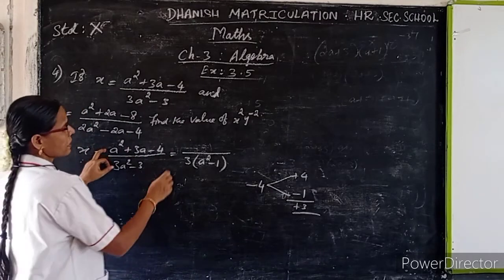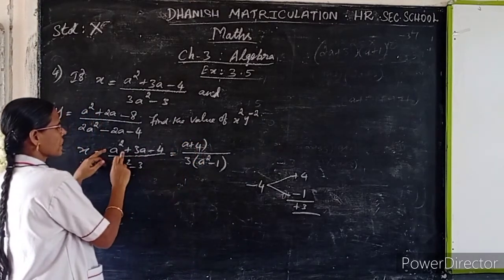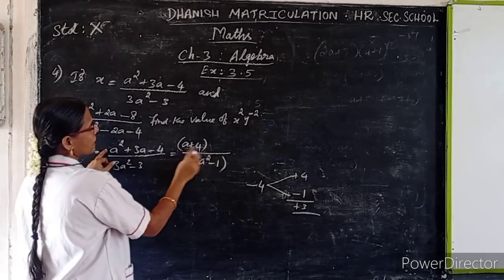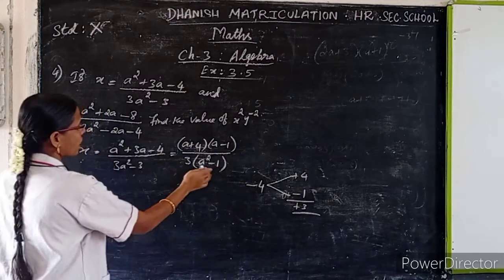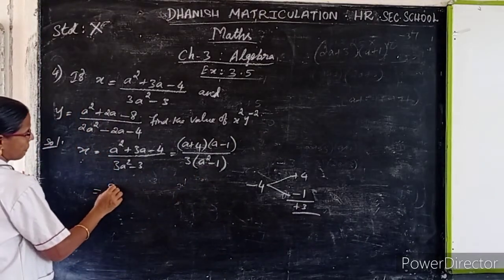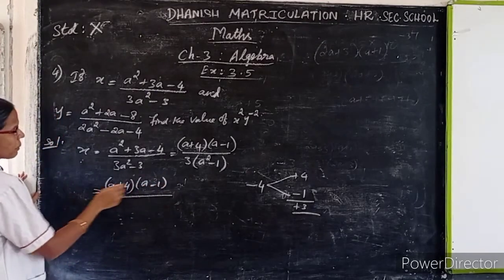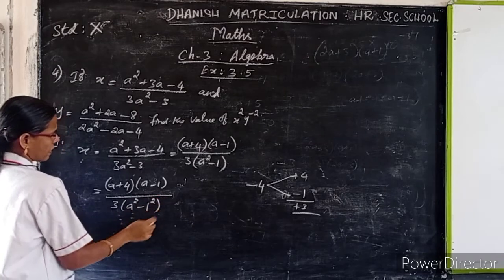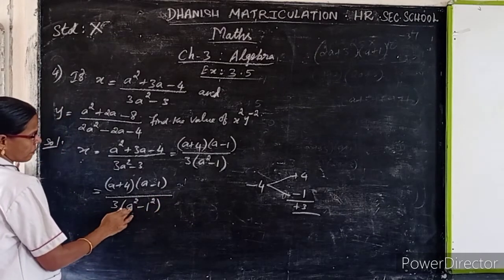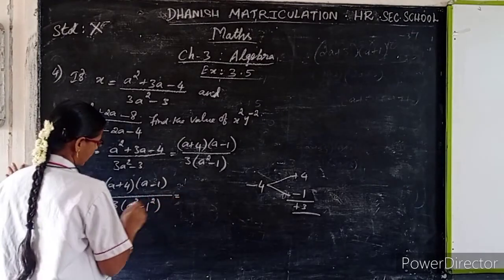So the numerator can be written as a quadratic in terms of a, with factors (a + 4)(a - 1). The denominator can be written as 3(a² - 1²), again in the form of a² - b², that is (a + b)(a - b).